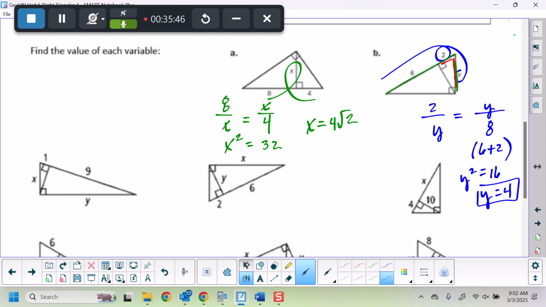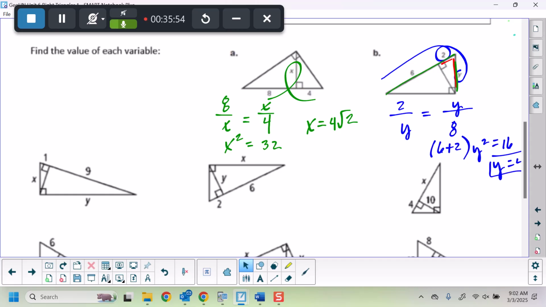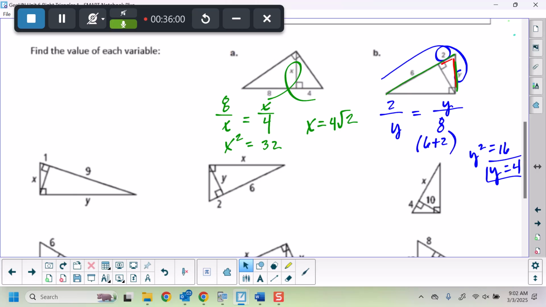It is time for you to make sure that you have your perfect squares memorized. It is time for you to make sure that you are thinking about and paying attention to the numbers that you use over and over again, because the quicker that you commit this to memory, force yourself, push yourself, pay attention, think about it.